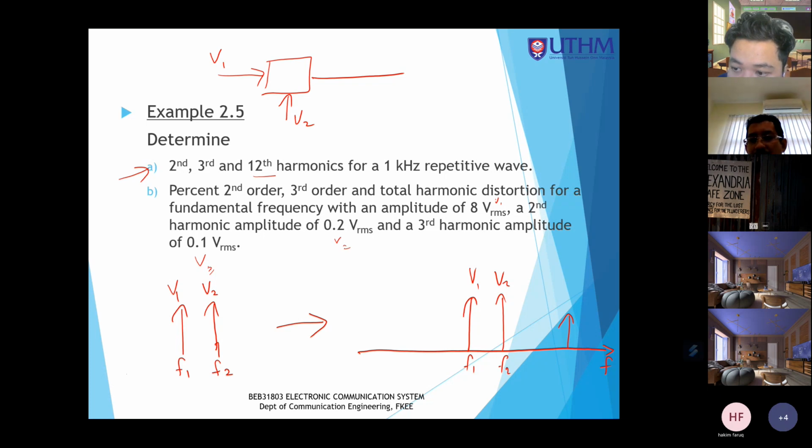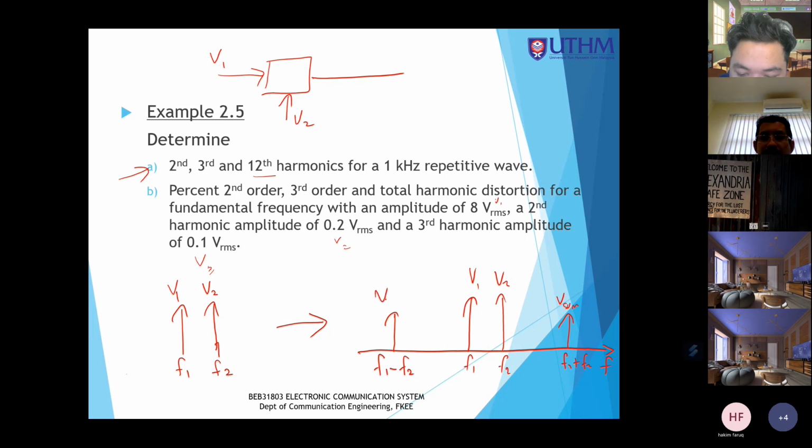Maknanya akan ada summation, kita panggil sebagai V sum. Dia dipanggil sebagai V sum means that dia adalah harmonik yang terletak pada frekuensi F1 plus F2. And the other one is V difference, located at F1 minus F2.